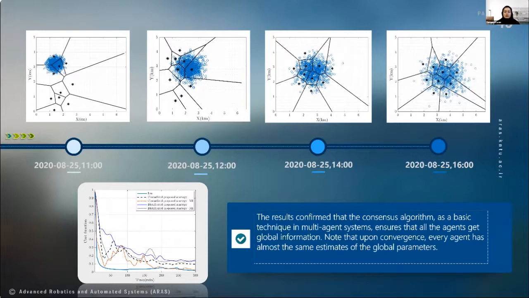In this slide, you can see black stars that denote UAVs, and black lines that denote the Voronoi cells for each UAV. The figure shows 4 snapshots of 10 UAVs forming a network and trying to track the oil spill distribution.